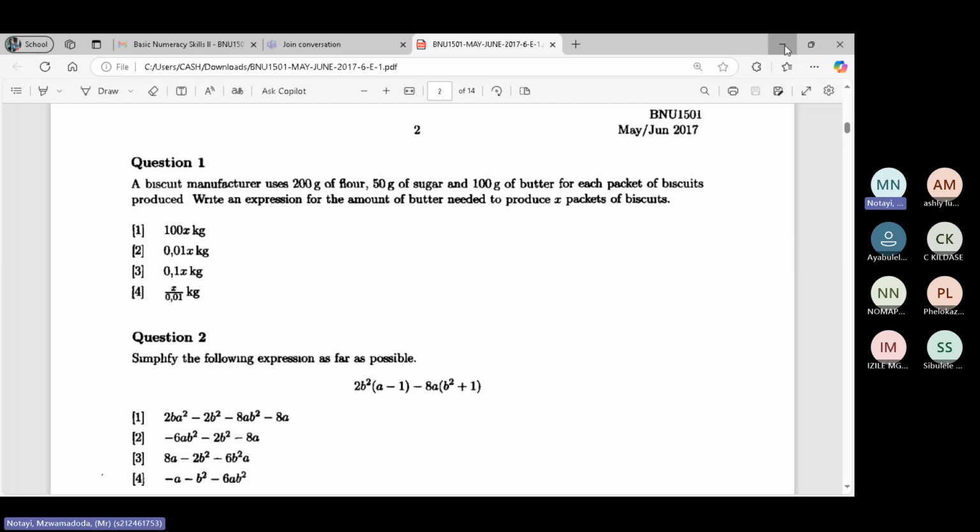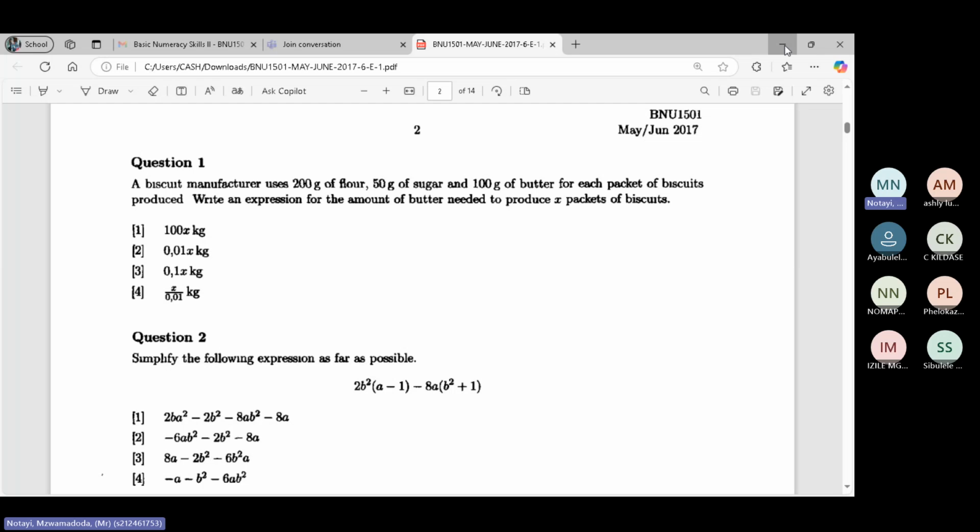Okay, yes, that is brilliant. So the amount of flour will be 0.2X kgs, and the amount of sugar needed will be 0.05X kg. So we had 200 grams. Convert that 200 grams into kgs by dividing by 1000 to get 0.2.